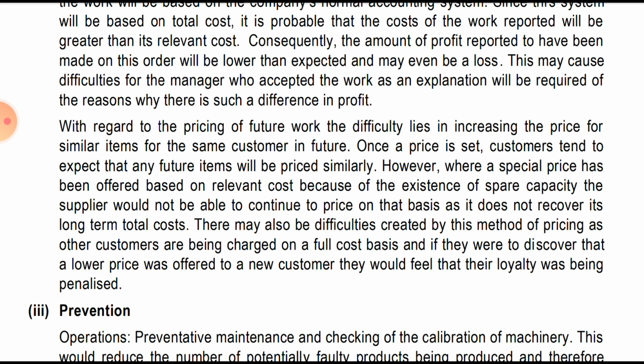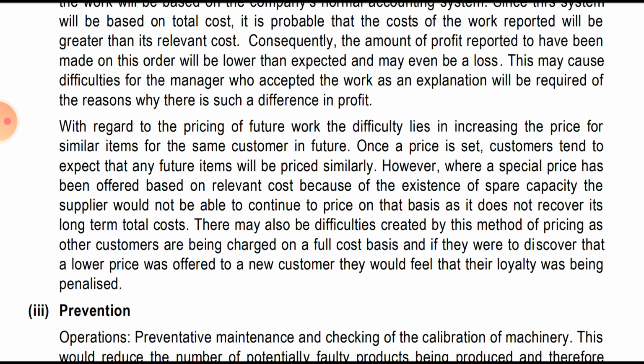This may be the variance. There may also be difficulty created by this method of pricing, as other customers are being charged on the full cost basis, and if they were to discover that a lower price was offered to the new customer, they would feel that their loyalty is being penalized.